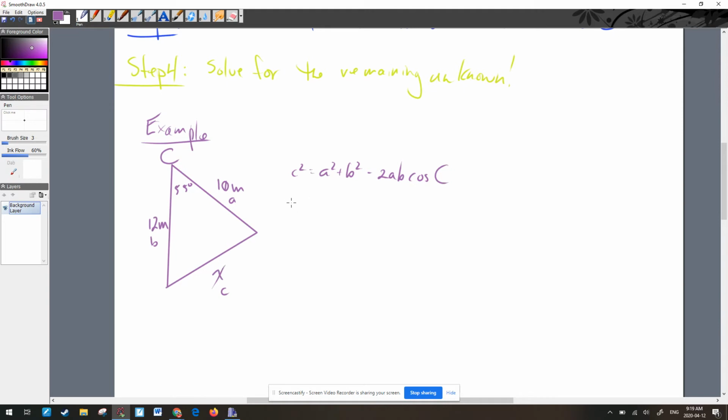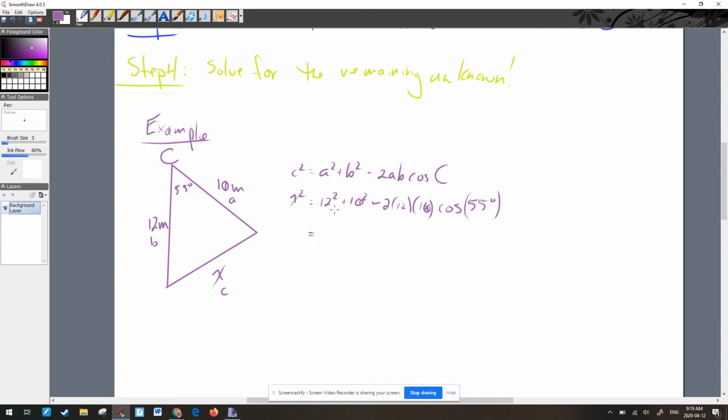Our lowercase c is x, so there's x squared equals 12 squared plus 10 squared minus 2 times 12 times 10 times the cosine of 55 degrees.